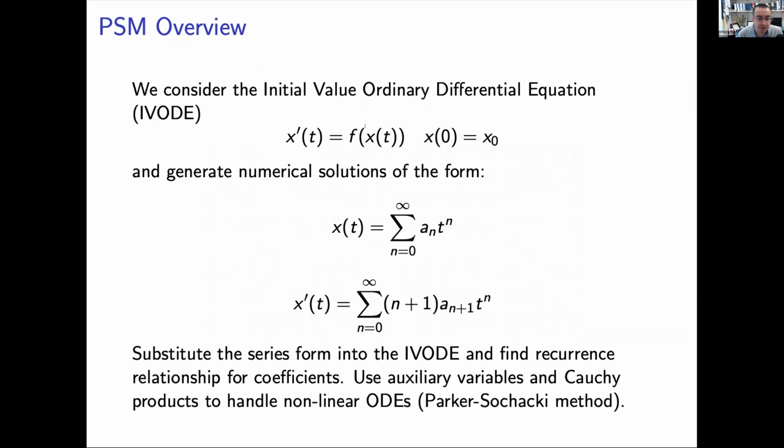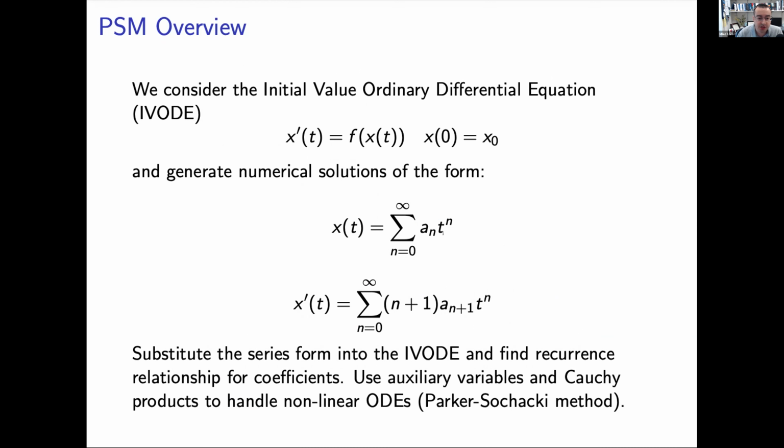But so we have an initial value ordinary differential equation. And so we basically generate numerical solutions. So we assume that we can represent X this way, and then the derivative ends up looking like this. You have to massage it a little bit.